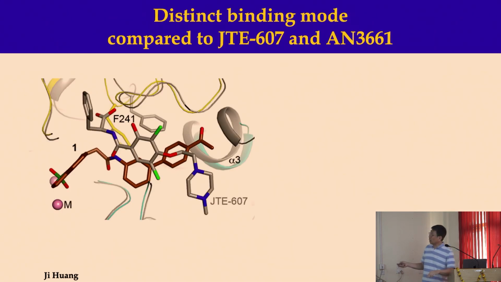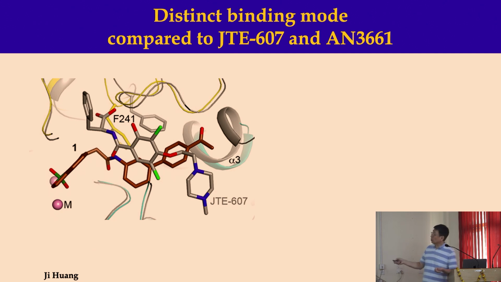Now, if you compare the binding mode of this compound, not our compound, the compound in the literature, against JTE607, you can see the binding mode is very, very different. Again, this shows the power of structural biology; without it you would not even know how to orient everything. Compound 1 has direct contact with the metal ion and goes around this way, while JTE607 is almost perpendicular to it.